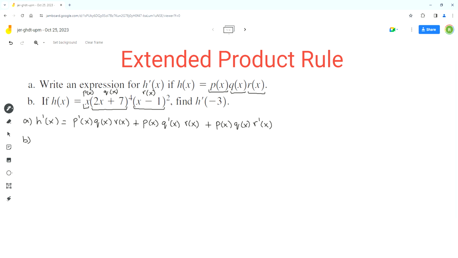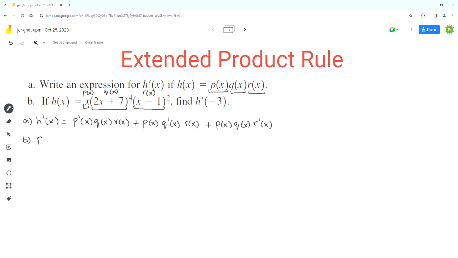Now we can use the expression that we got in part A, but for that we'll need the expressions for p prime of x, q prime of x, and r prime of x. So first, let's find the derivative of these three functions.